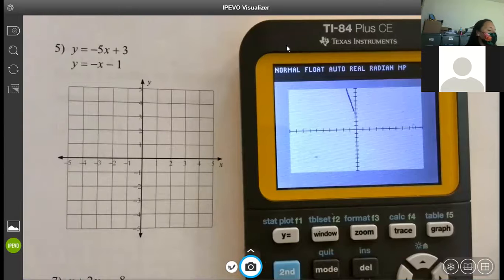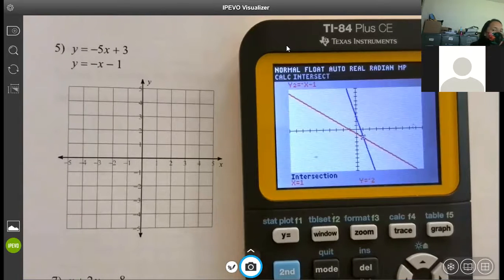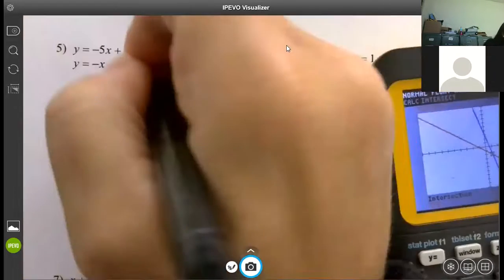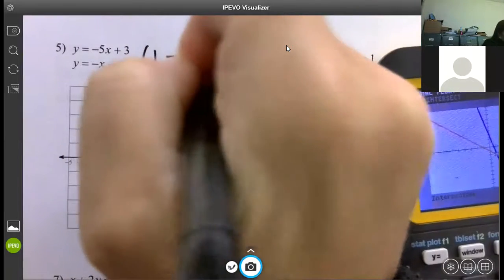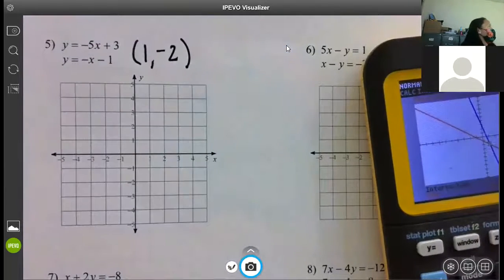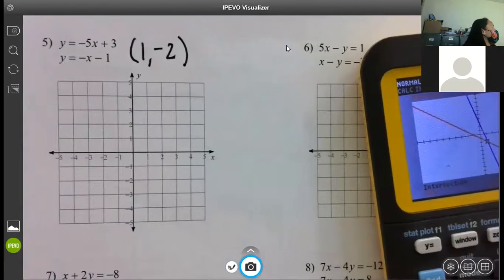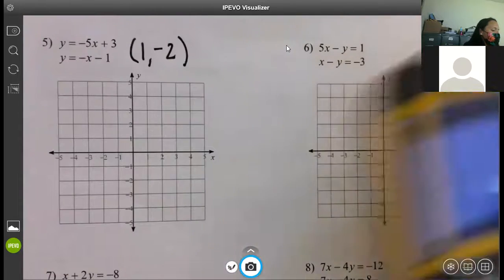Wait till it graphs. There's 1. There's 2. Do they cross? Yes. Enter 3 times. Enter, enter, enter. What's our answer? 1, negative 2. Y'all okay with that? Pretty easy.